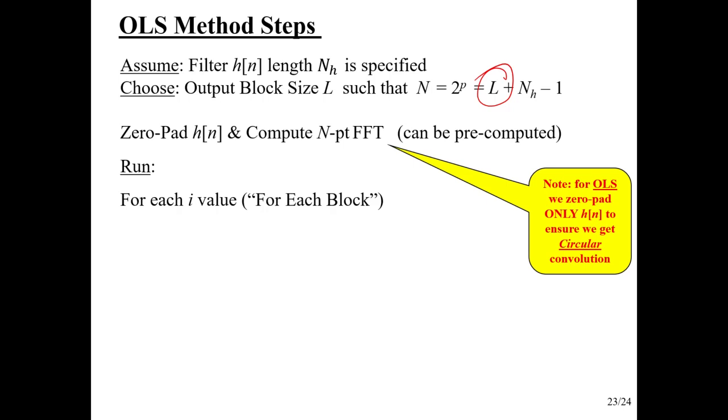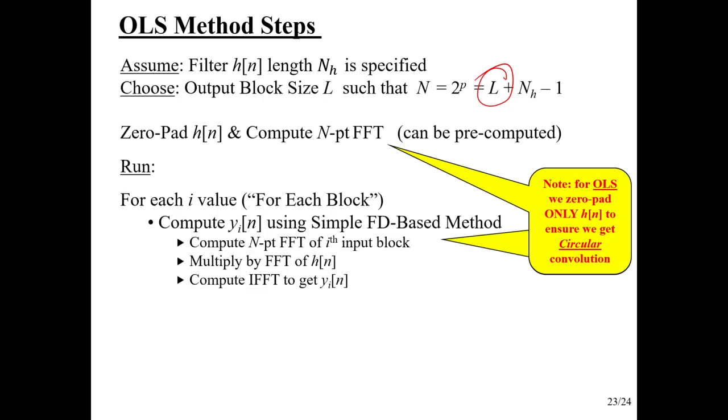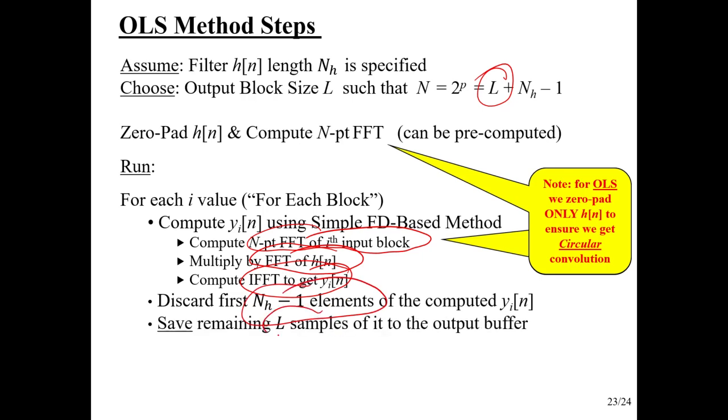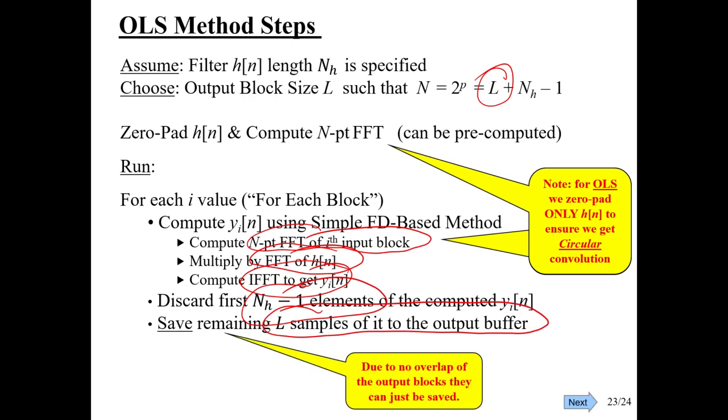Now we're going to run this for each block. Same old, same old. Compute the endpoint FFT of the input block, no zero padding, multiply by the filter's FFT, compute the inverse FFT, discard the first NH-1 elements, and save the remaining L samples of it to the output buffer, and just keep going. So that's how that works.